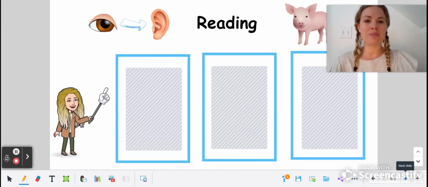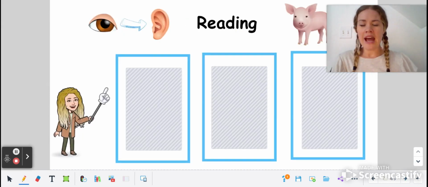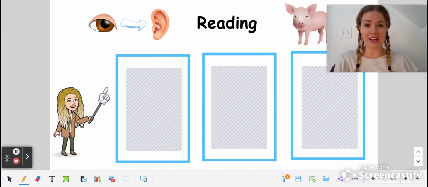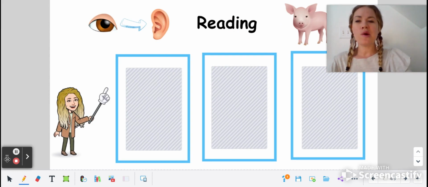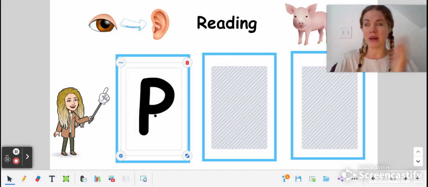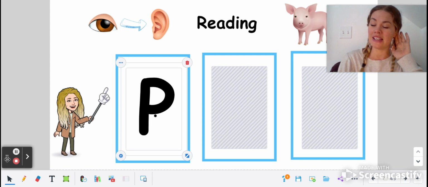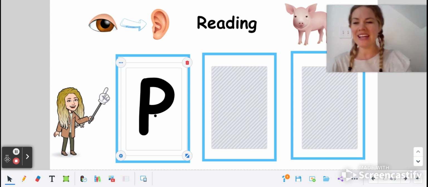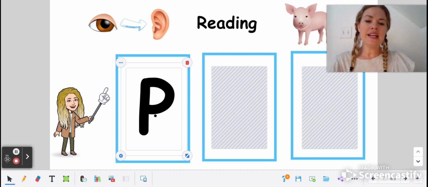Let's take another example here. We might have reading, here an example of the word pig. So let's look at this first letter. You might ask a student, what is this first letter? They might say it's a P. Great. And what is the sound that that symbol makes? It's a p sound, right? All right. Let's look at the second letter here.